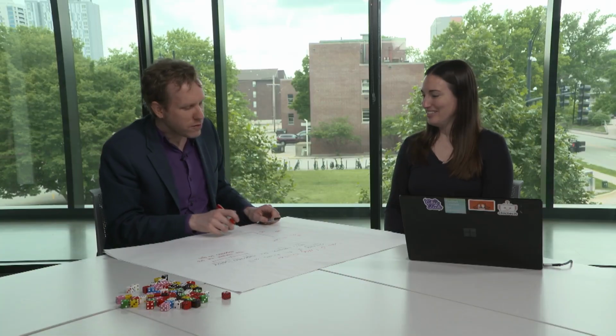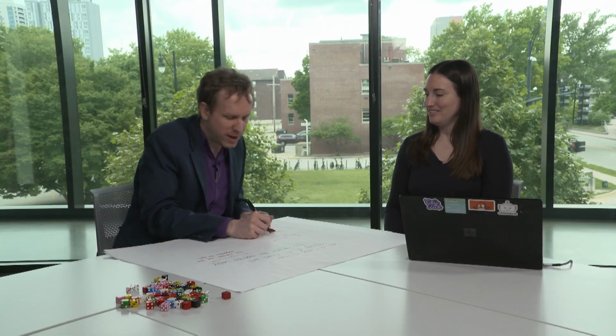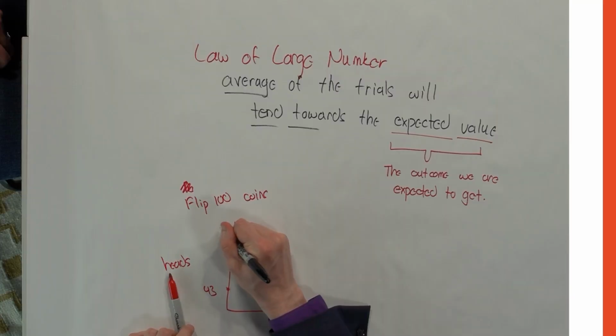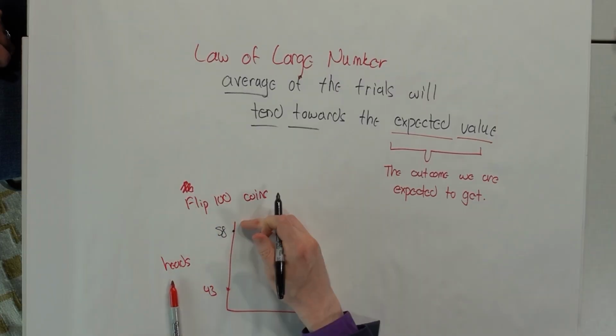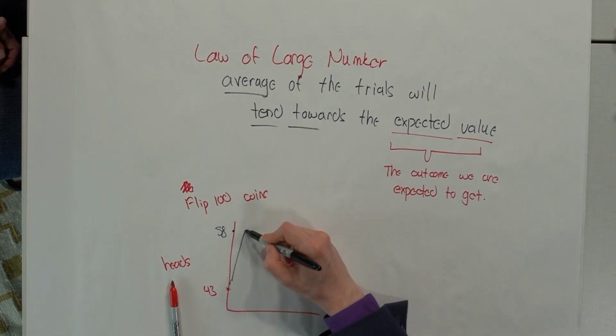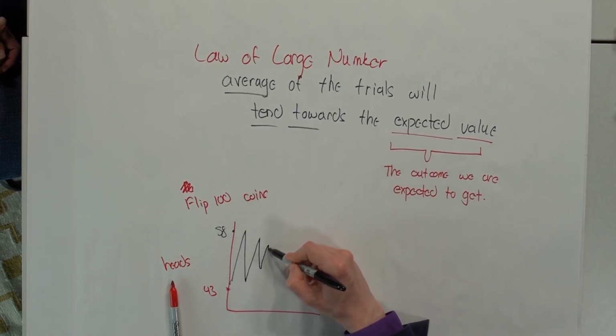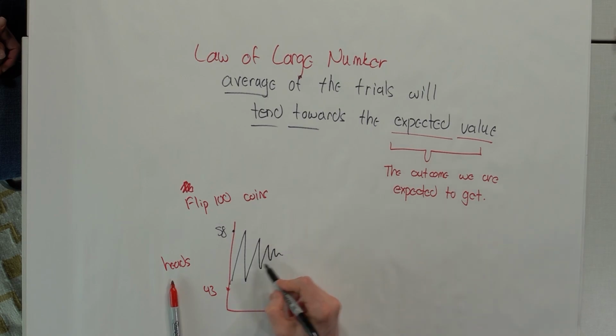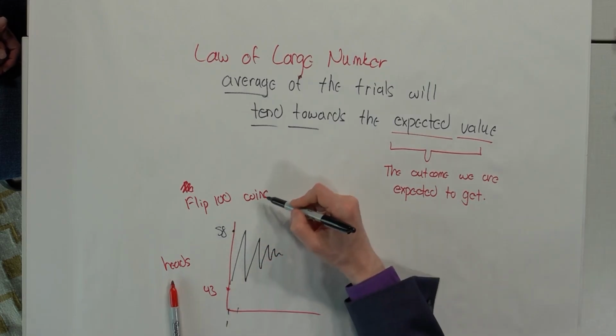The second time we might get 58, where we got extremely lucky and a lot of heads. The results will swing up and down around the average. After 1 run, we may have just the value 43. After 2 runs, we got extremely high values, so the average shot up.